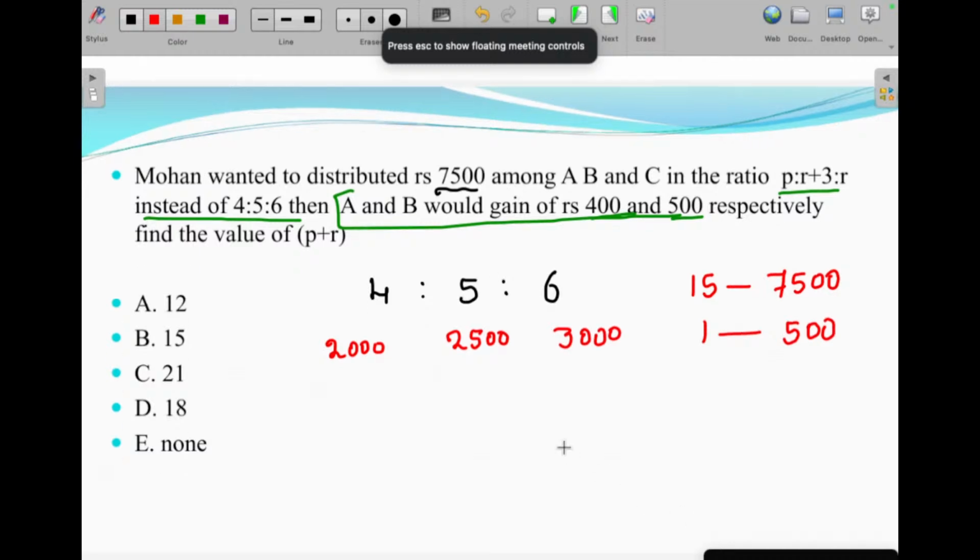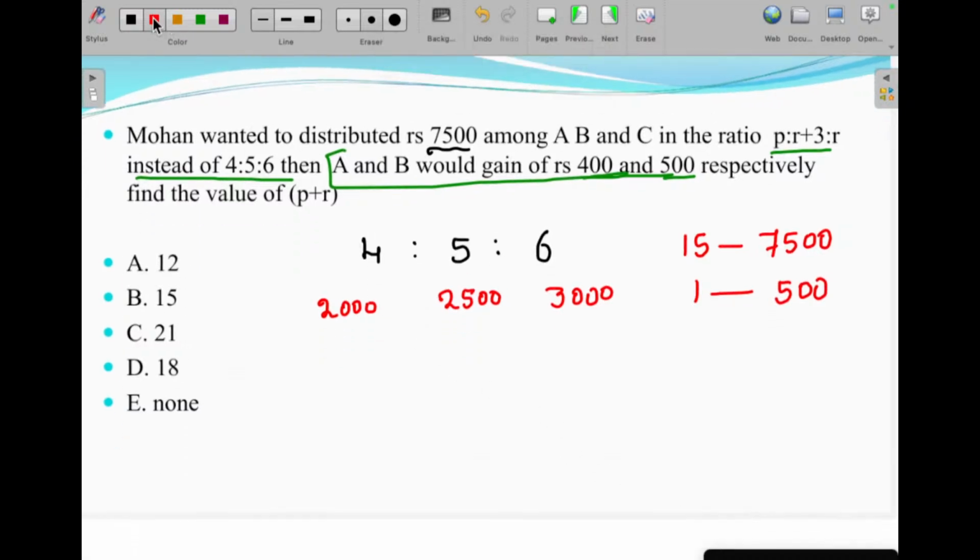Okay, say now. Clearly they said A and B would gain, means they increased. By mistake I am doing like this: to A I will give 400 rupees extra, to B I will give 500 rupees extra.